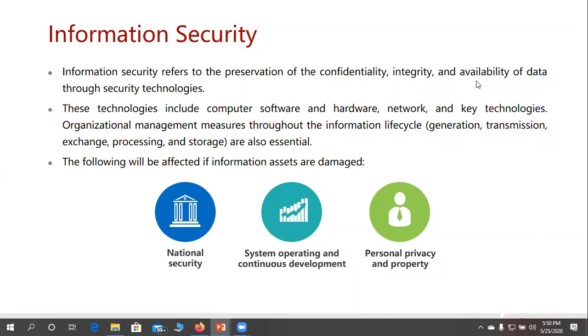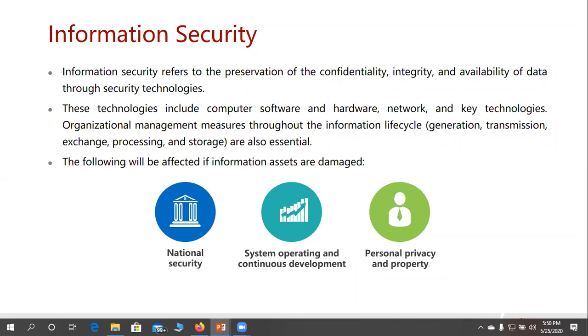And then availability. Availability here, this is where the workers have got access to information. All right, we are going to look at an attack called a DOS attack, which is denial of service attack. Okay, or what we call a DDoS, which is different from a DOS attack.